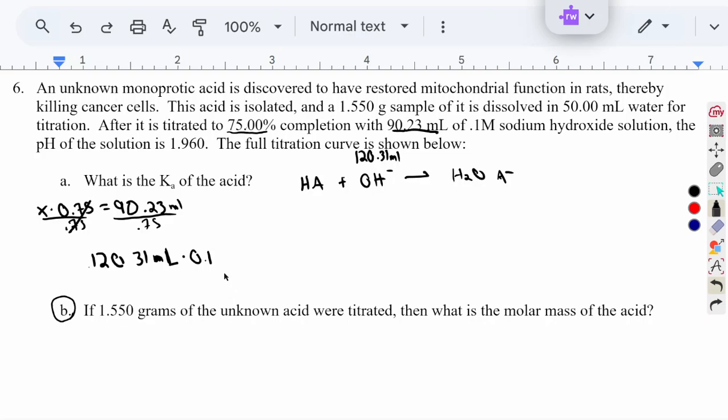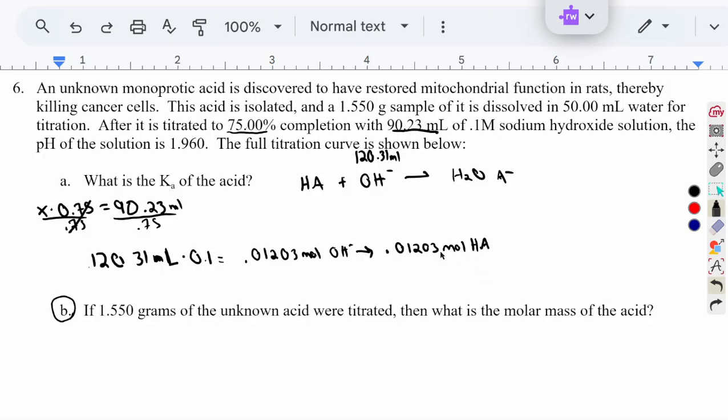So that gives me 0.012030603 moles of hydroxide. This is how many moles of hydroxide it would take to completely neutralize this acid here. So since they're in a 1-to-1 ratio, that means that that is how many moles of acid that I started with, right?